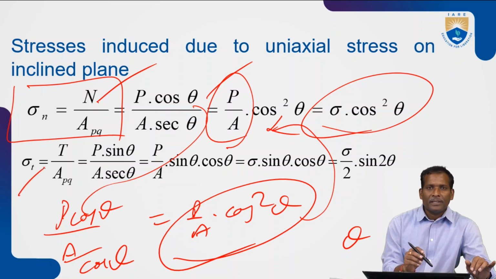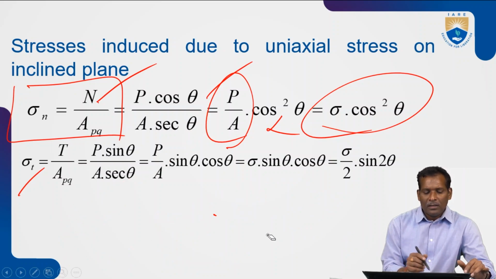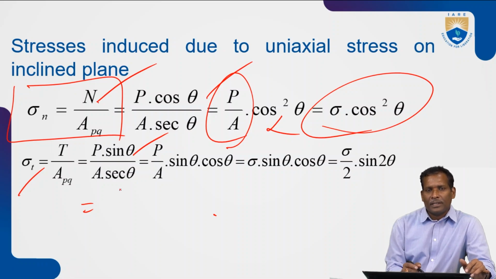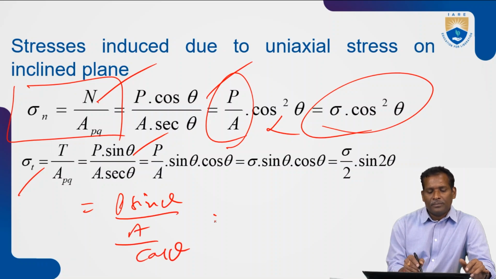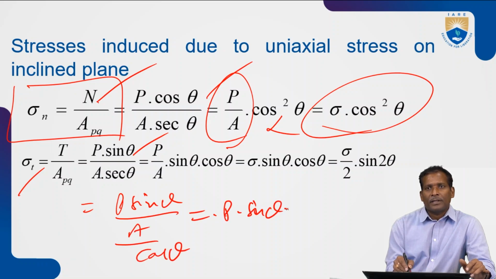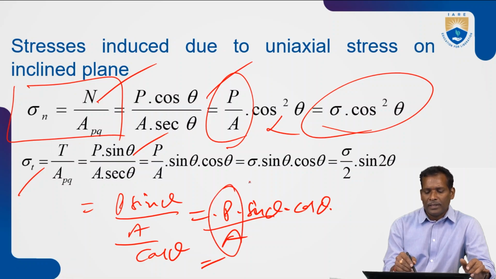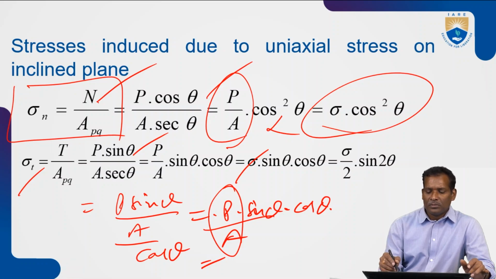Similarly, calculate the tangential stress. For the tangential stress, here P sin theta is the tangential force, divided by the area, again secant theta. Now you can write P sin theta by A by cos theta, that is equal to P sin theta into cos theta by A. Again, in place of P by A you can write sigma. Sin theta into cos theta, you can write in terms of sin 2 theta.